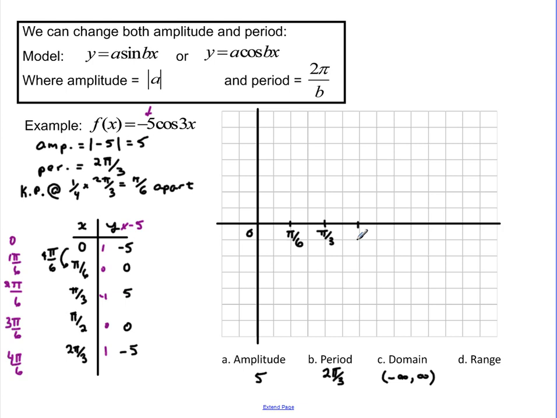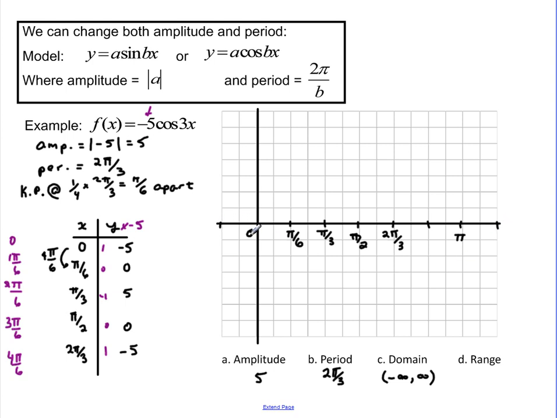We have 3/4 of our graph completed at pi over 2. And we have 1 full period completed at 2 pi over 3. If we were to continue on, by the way, with our gradations right here by adding pi over 6's, we would be at pi at this next unit over here.